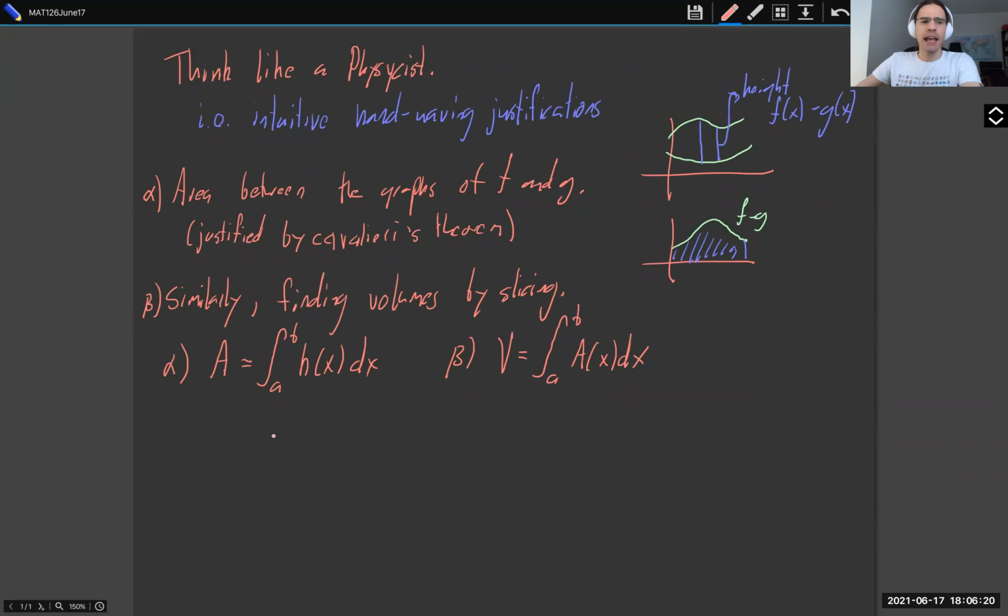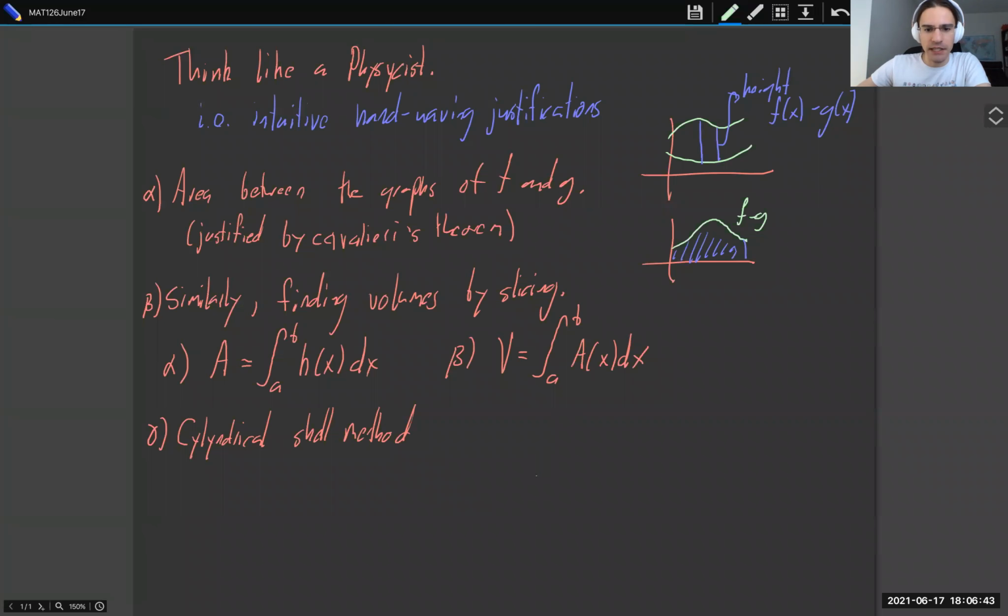But then we had a third result, gamma, and that was this cylindrical shell method. And the picture for the cylindrical shell method was, imagine that we had some volume of revolution.